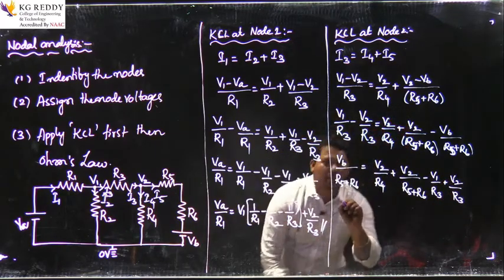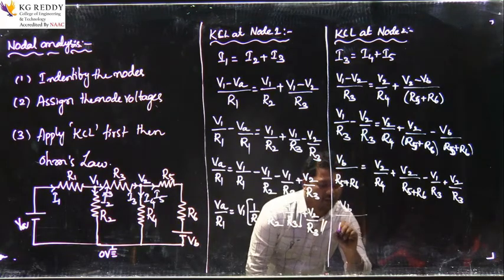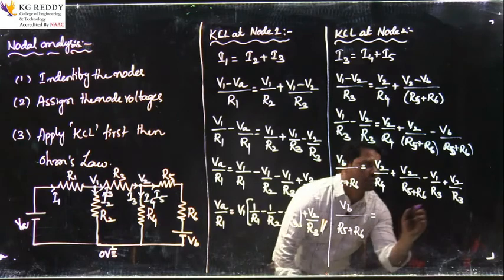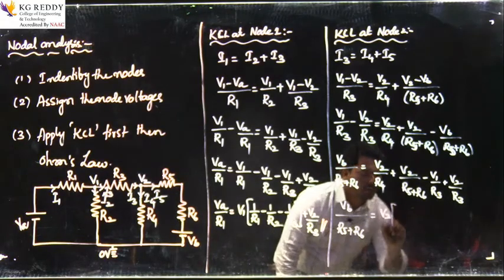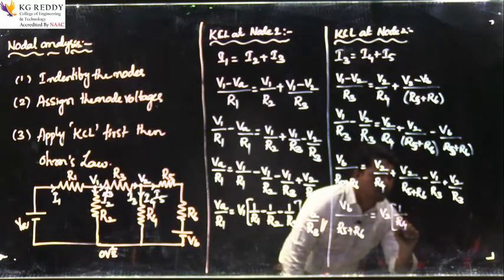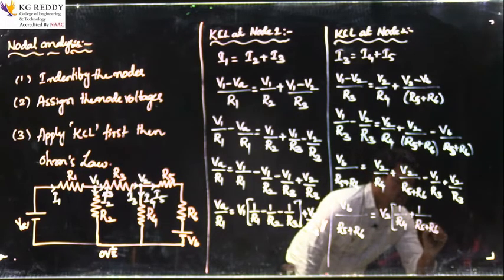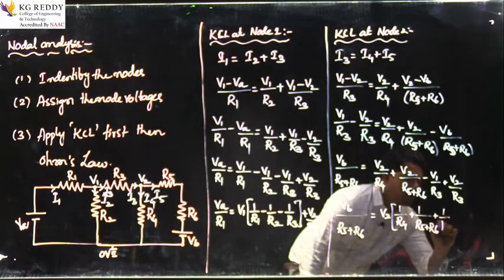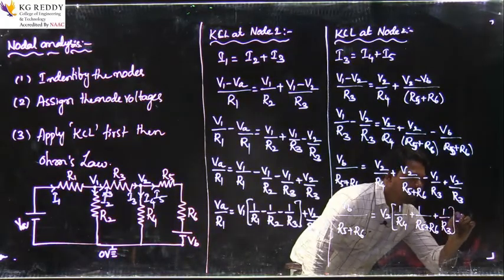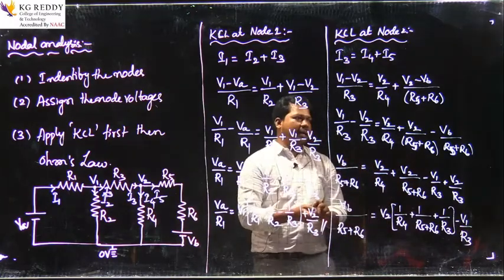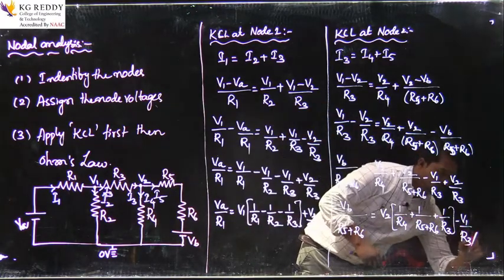Now from this equation, taking V2 as common, VB by (R5 plus R6) equals V2 times (1 by R4 plus 1 by (R5 plus R6) plus 1 by R3) minus V1 by R3. So this is the KCL at node 2.